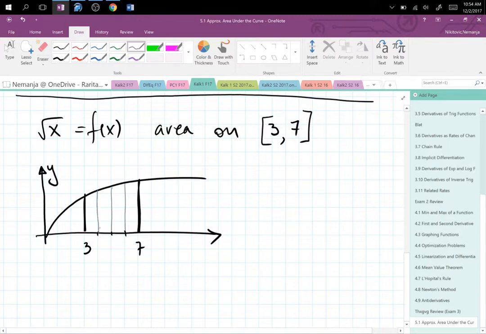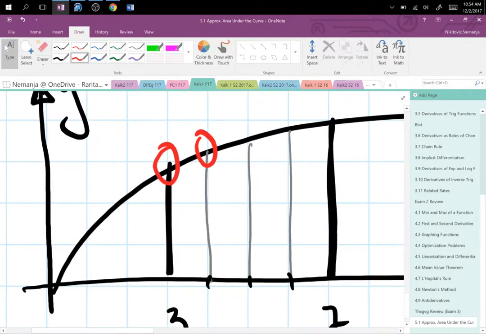You get to decide whether you want to use this corner or this corner to draw rectangles. Note that the outcome will be different. Again, we are approximating. If I use the left one, the rectangles would look like this.